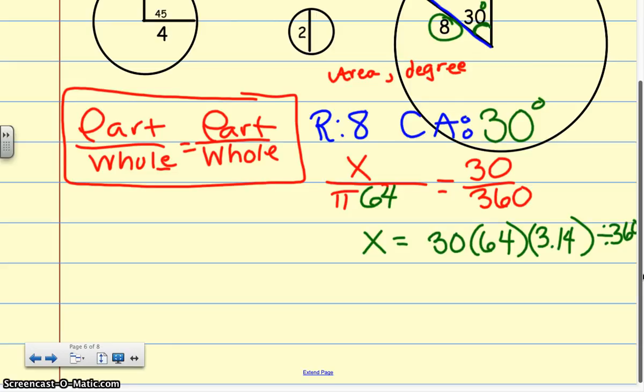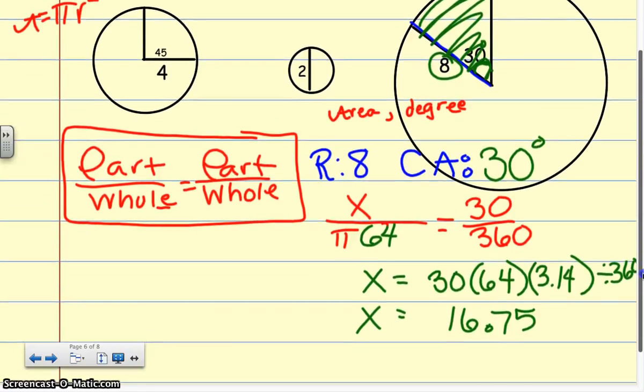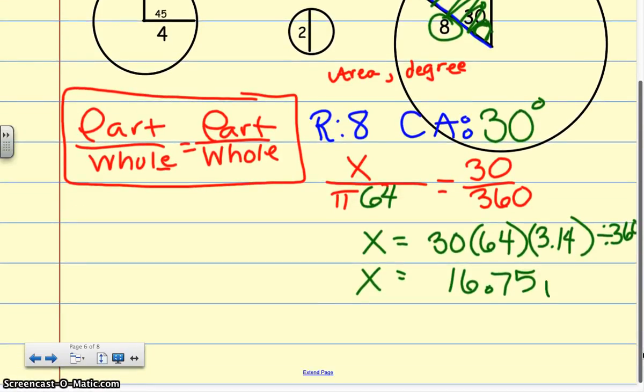Plugging that into my calculator, I get 30 times 64 times 3.14 divided by 360 is 16.75. When it's not specified, I usually round to the nearest hundredth. So my area of the sector, that means right here, if I were to fill this up with crayon or paint or pizza sauce, whatever you want, the area of it would be 16.75 units squared.